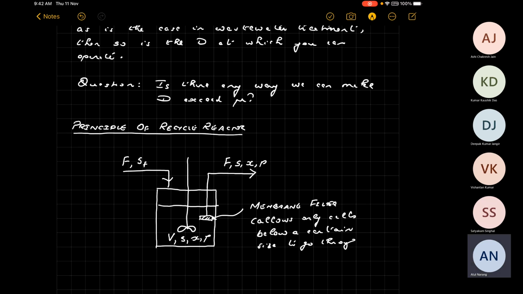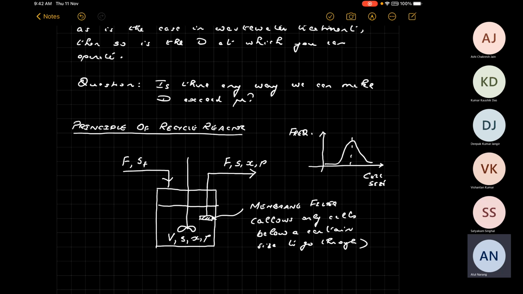So, for example, if you take a look at the distribution of cells, if this is cell size, anytime you look at the cells in a reactor, they are distributed. So, this is the frequency, meaning the frequency of the cell size distribution. Usually, the cells are not all of the same size, there is some distribution.